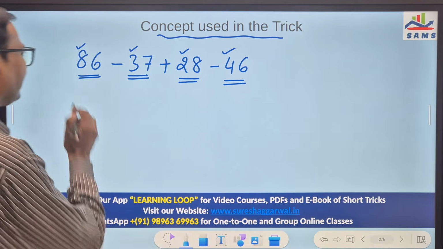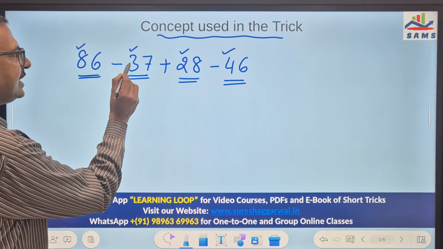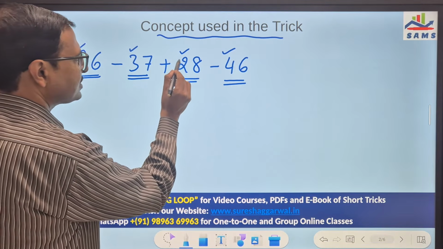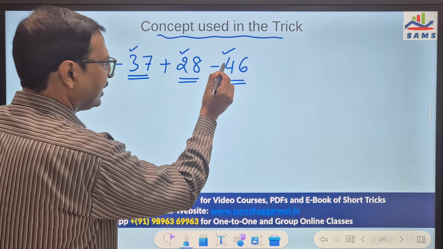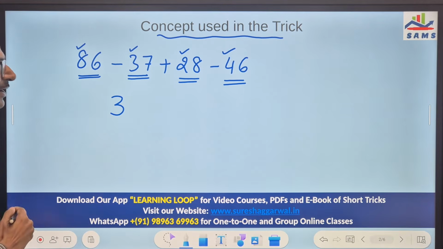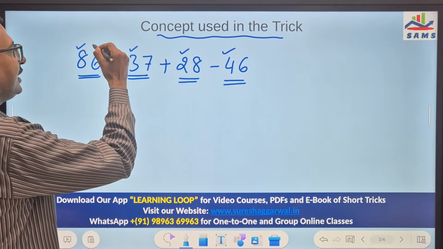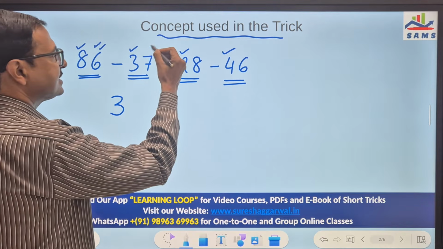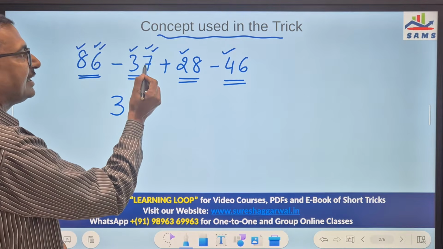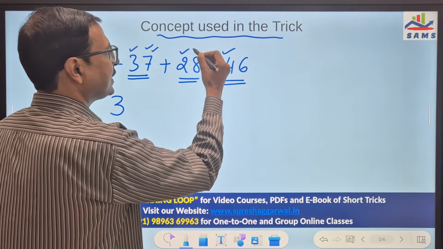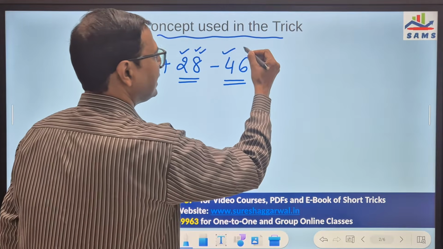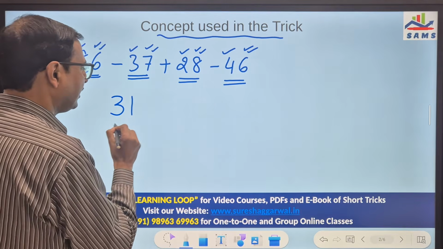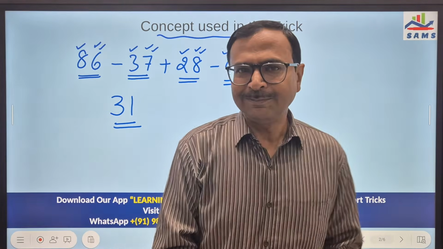So let's do that. 8 minus 3 is 5. 5 plus 2 is 7. 7 minus 4 is 3. And what about the second digit? We have a 6 here, minus 7. 6 minus 7 is minus 1. Minus 1 plus 8 is 7. And 7 minus 6 is 1. So do you think your answer is 31?